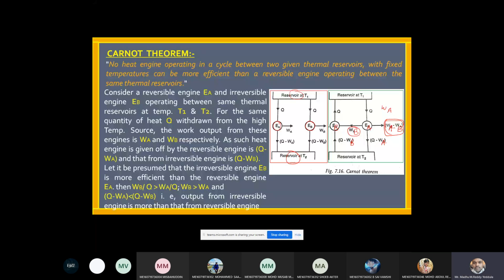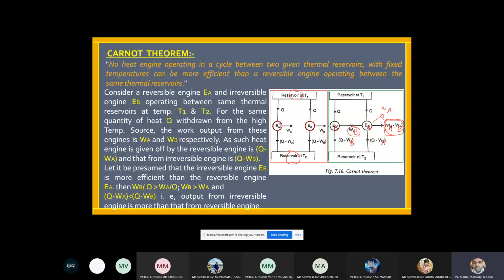Q is the heat supplied here, okay? Q is the heat supplied, and the actual work is WA, but from that WA, some portion of the work is used to drive the pump. Let that portion be WB, then the left out will be WA minus WB, right? From Q, WA is the work converted, therefore Q minus WA will be rejected to the sink.